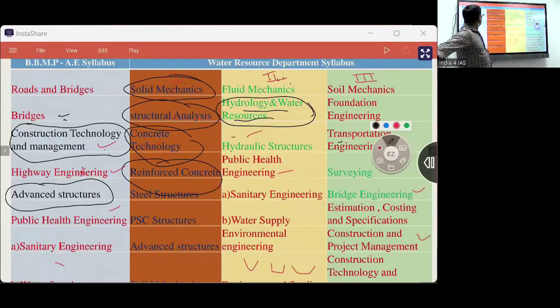It will come in both the things. BBMP also asking, WRE is also asking. And sanitary engineering, the traps. Usually they will ask traps, the water closet, those things, in WRE. They will not give much importance to these kind of things in this topic.